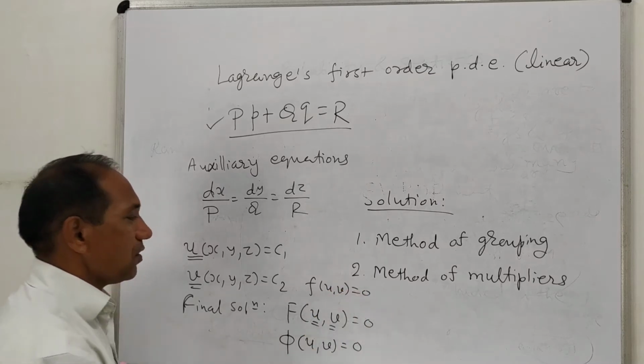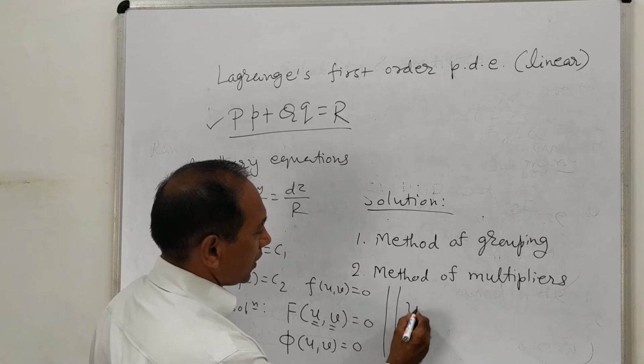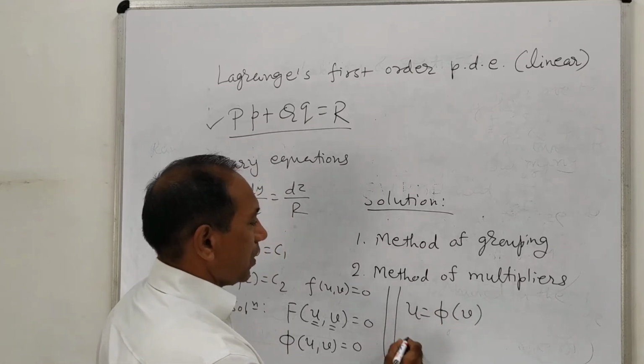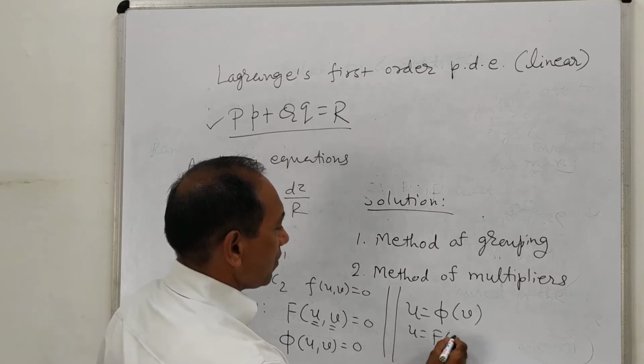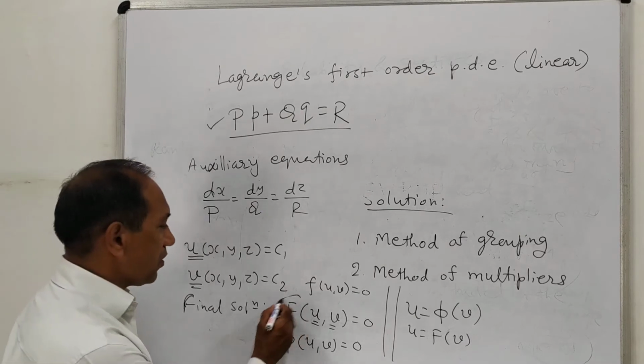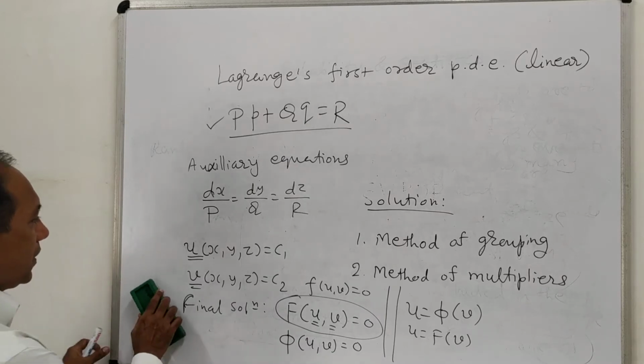Or you can write the same solution in the form of u equal to phi of v, or u equal to f of v. Whatever you want, you can write. But mostly we will use this type of notation to write the general solution of this equation.